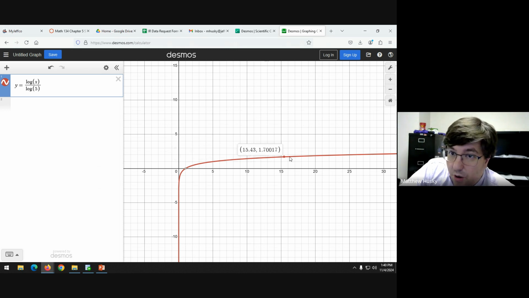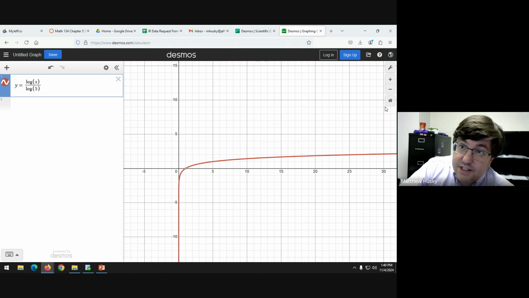And you'd have to go all the way to 25 to reach 2. That's what these logarithms are telling you. They're saying, what power of 5 do I need to turn a 5 into a 25? And the answer would be a 2.